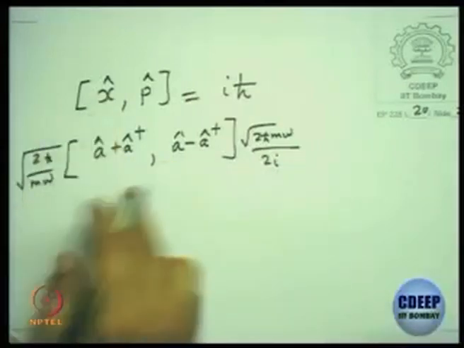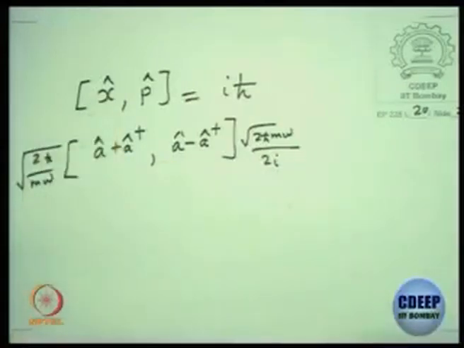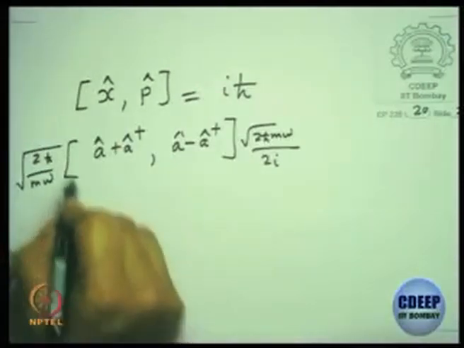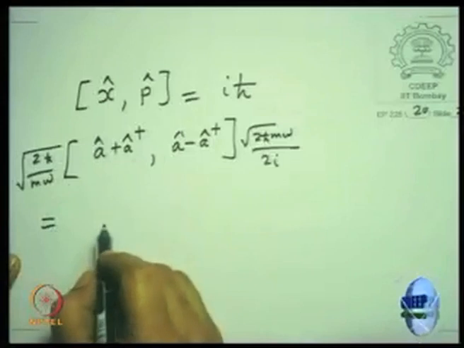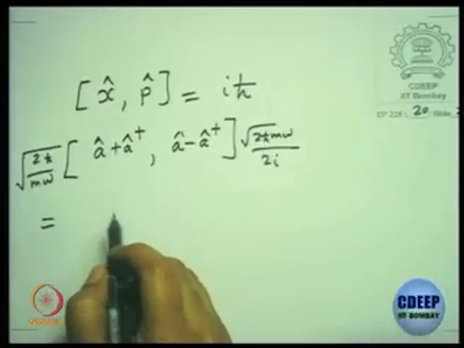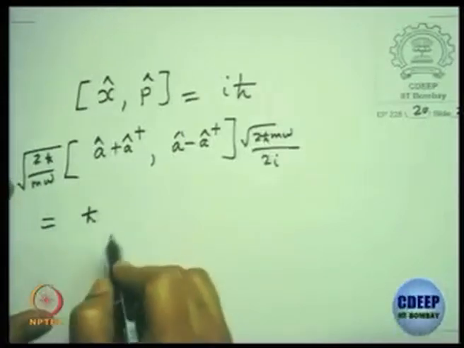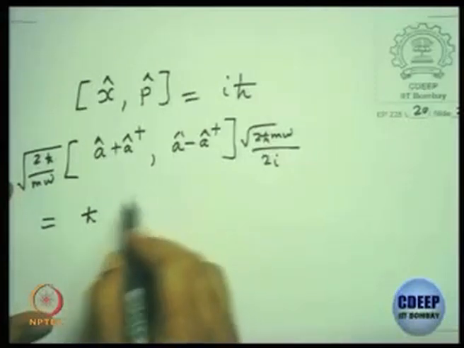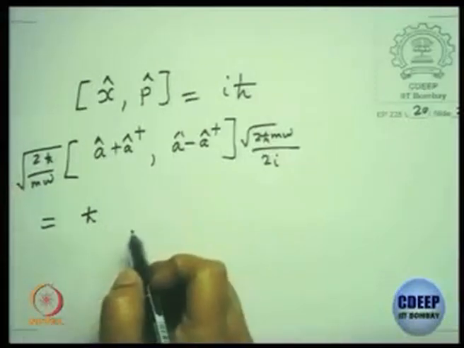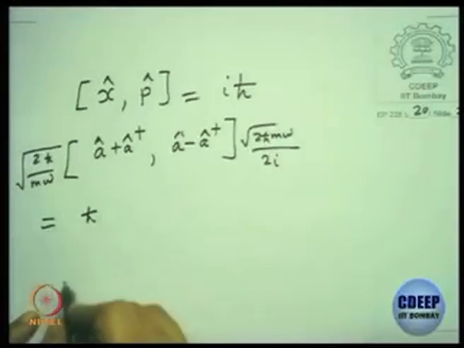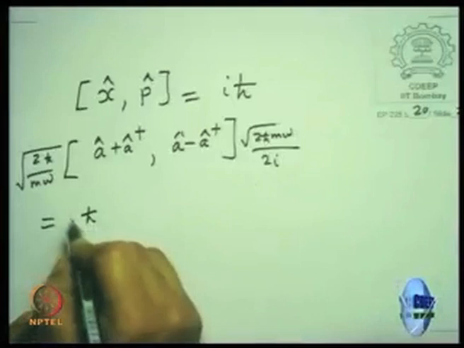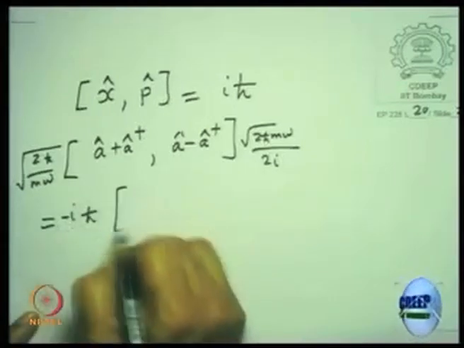I just substituted the X and the P. Simplify this. It becomes H cross, M omega cancels, minus IH cross.